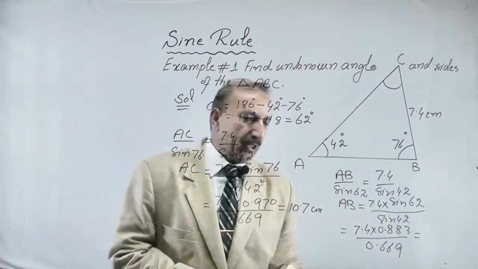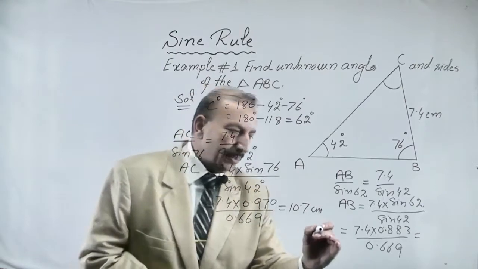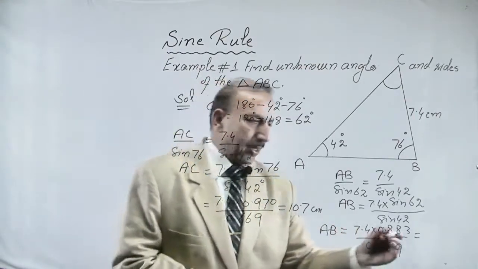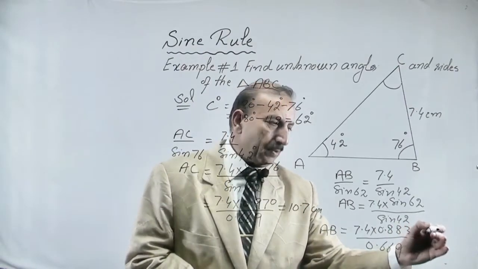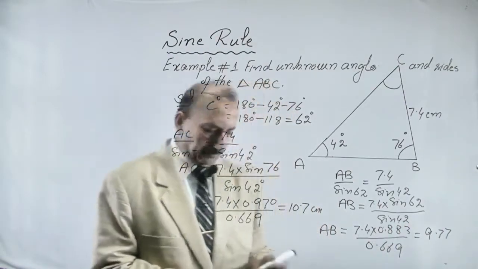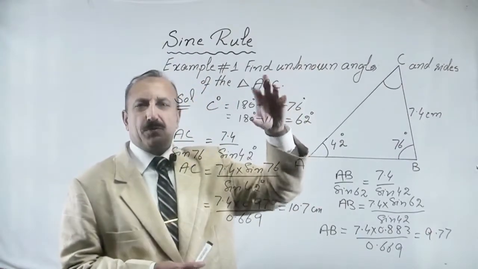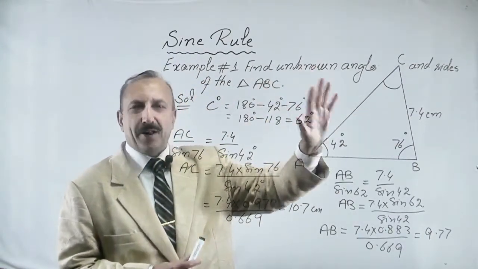When we calculate with the help of a calculator, the value of side AB we get is 9.77.